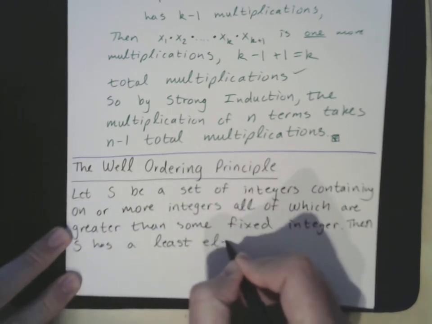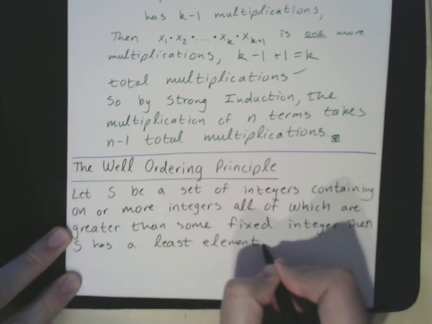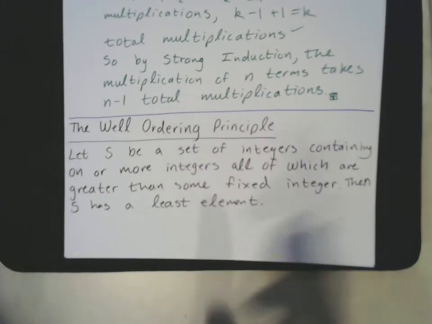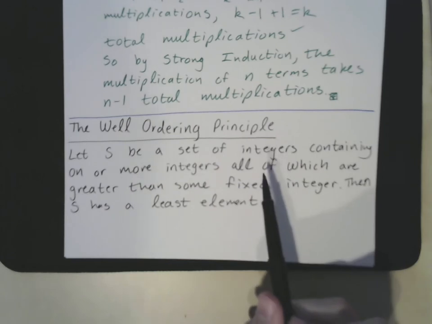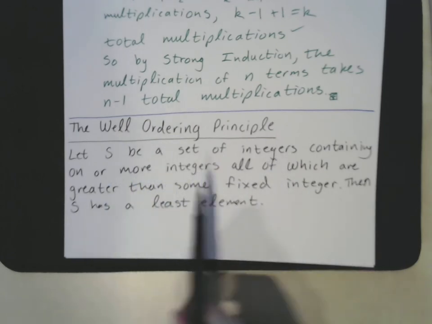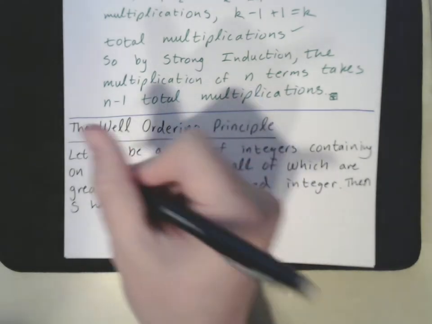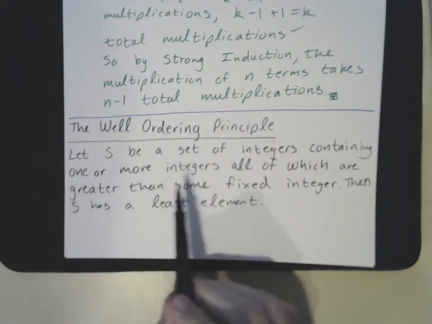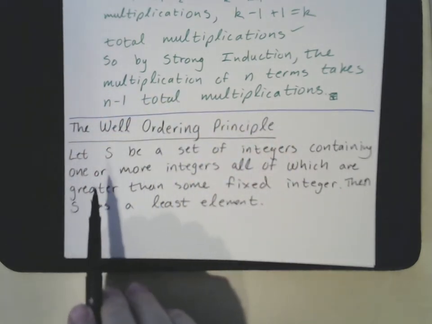Now that's what the well-ordering principle is. If you are well-ordered, then there has to be a smallest. It doesn't necessarily need to be a largest, because it could be infinite. It's one or more. So you have a set of integers. This clause here saying containing one or more integers is to show that it's not the empty set.